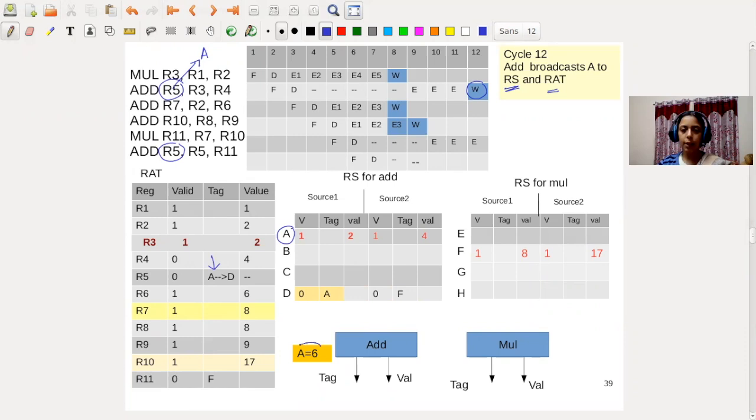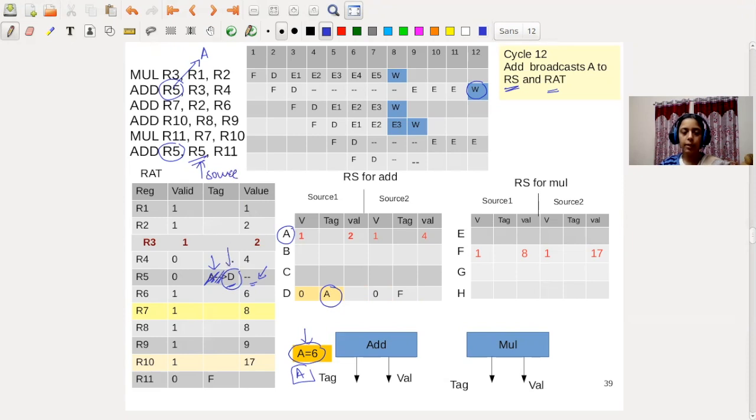And now that is being broadcast. But actually this has now been already renamed to D. So A doesn't exist here. So this D is not going to get updated here. That is why we're not updating this value. Only those tags which have A as the tag are going to get updated, and the only place where A is being used is this particular instruction, the source which has been renamed to A. So that is important to note.